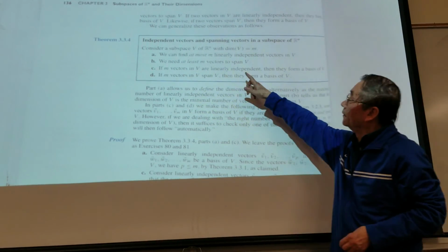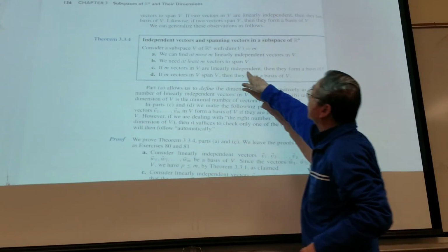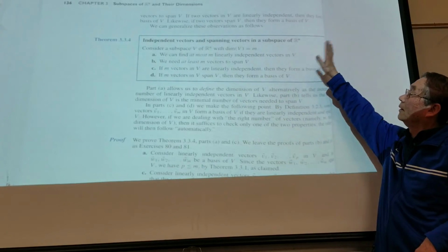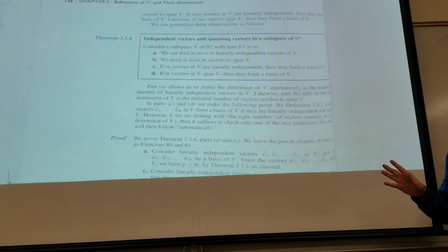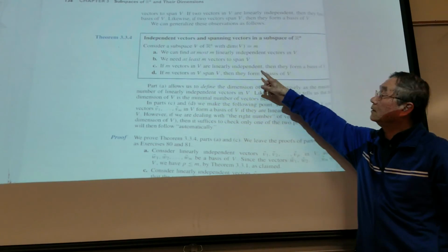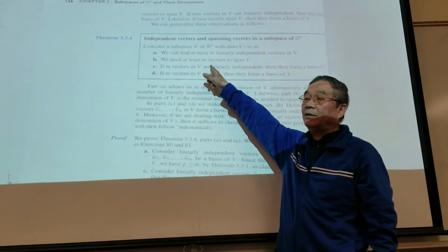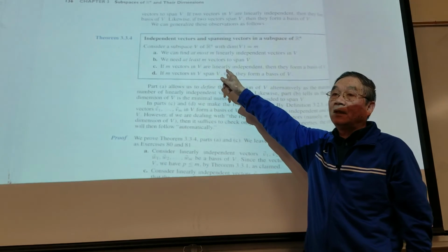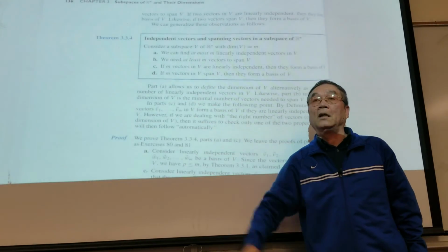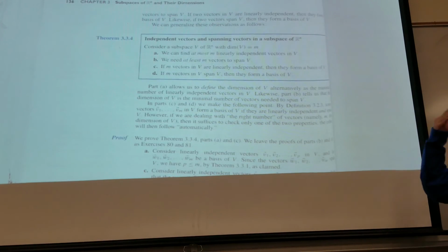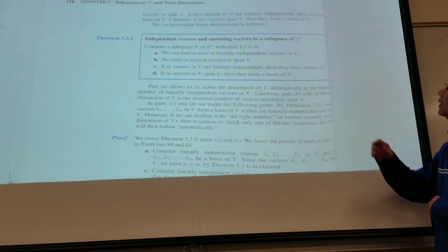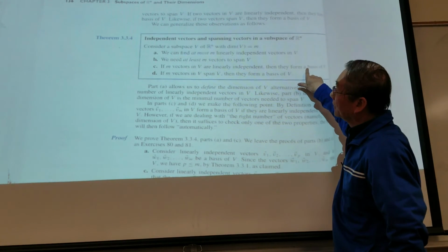Because m linearly independent vectors must span. Because the number is correct, you already have m of them, right? You need at least m of them to span. And then I do have m, and they are linearly independent, so they must span. And therefore they form a basis.